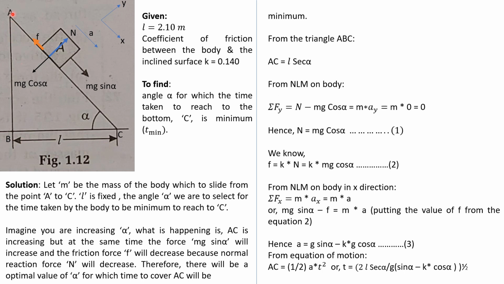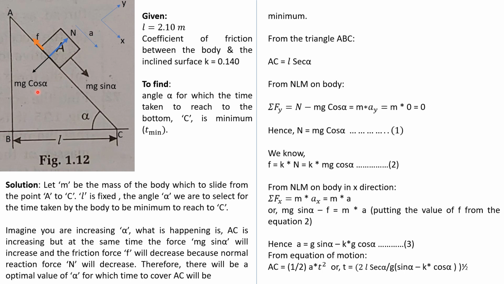From the right angle triangle ABC, what is the length of AC? Cos alpha will be L by AC, and from that equation AC will be equal to L sec alpha. For convenience, we have taken the y direction as perpendicular to the inclined plane and the x direction along the inclined plane. So we will apply Newton's law of motion on this body along the y direction.